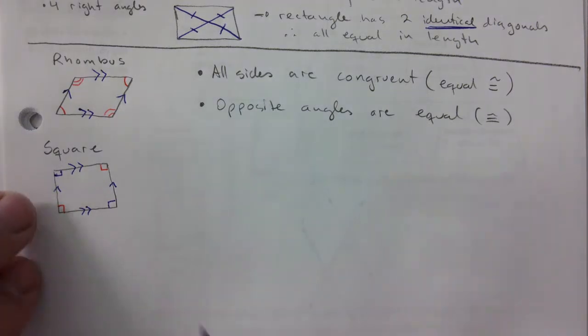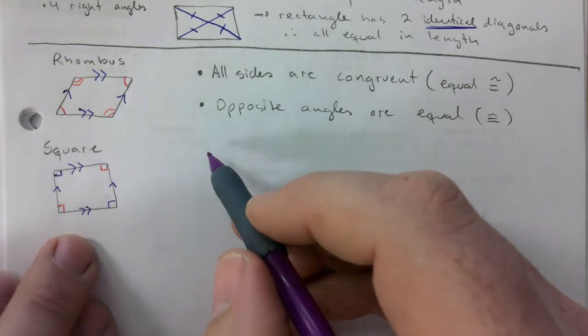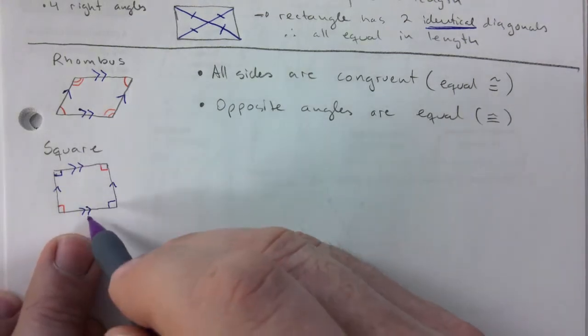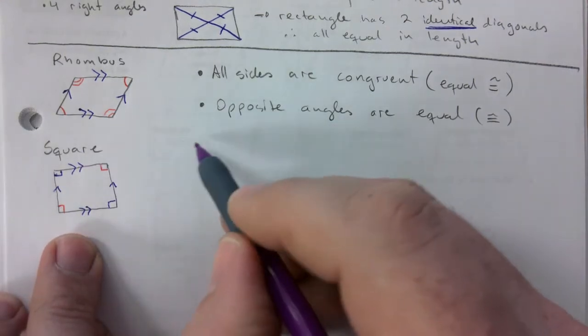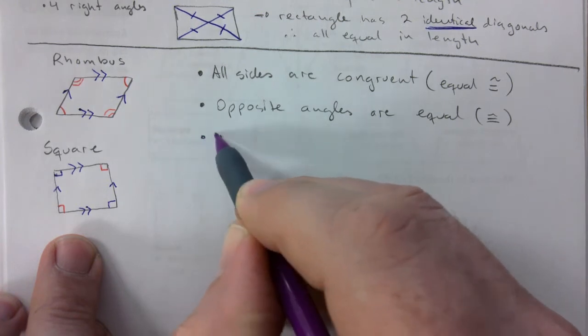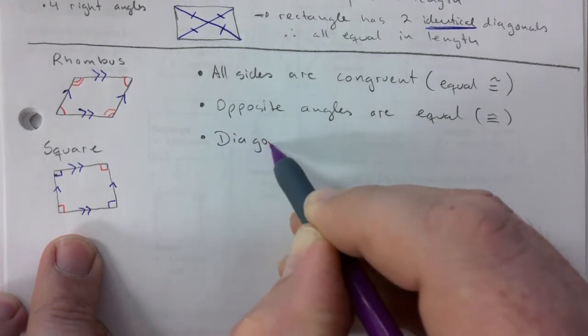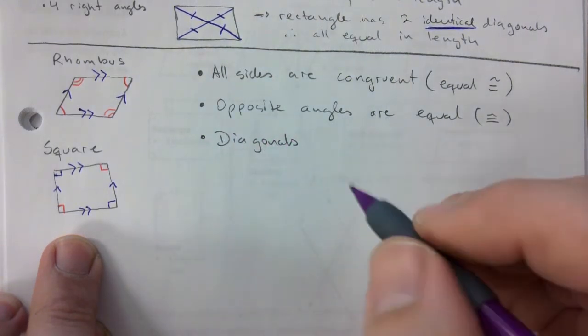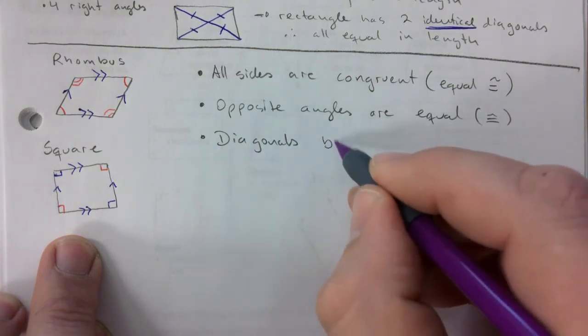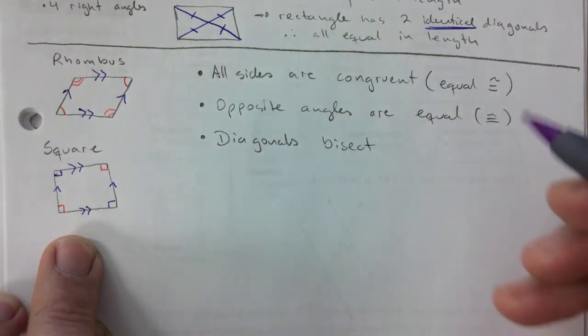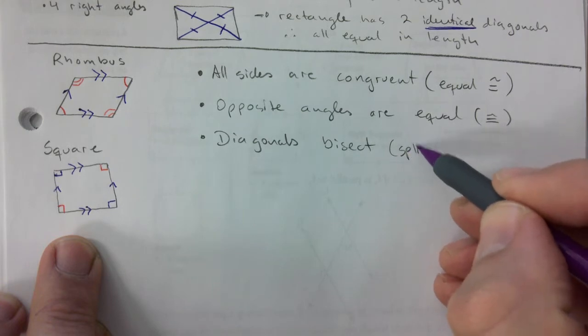So we know that when it comes to diagonals, we need to be careful here. Diagonals bisect, split in half.